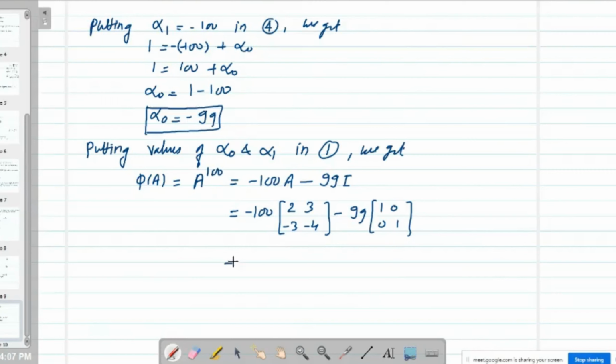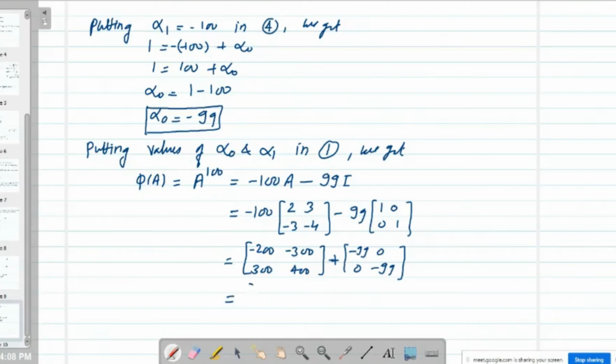Just solve this. Multiply: minus 200, minus 300, minus times minus is plus 300, minus times minus is plus 400, and minus 99 times the identity matrix gives minus 99 0 0 minus 99.